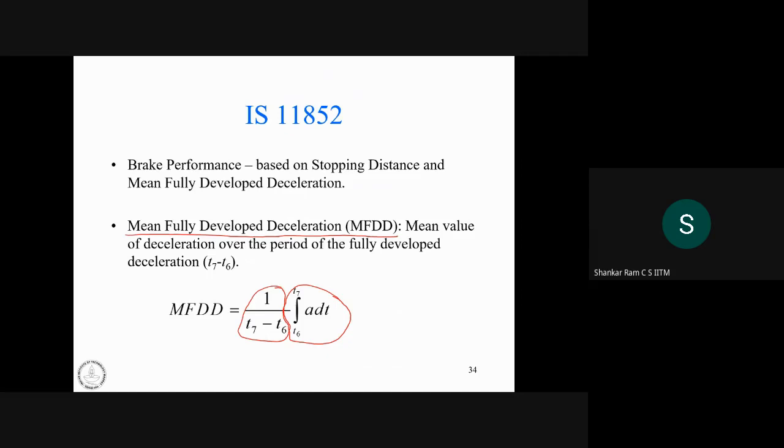Of course, the standard IS 11852 discusses more details on braking system performance, and IS 11852 has 9 parts, part 1 to part 9. Each part deals with various aspects of the braking system performance. That's the next concept I wanted to share in today's session.